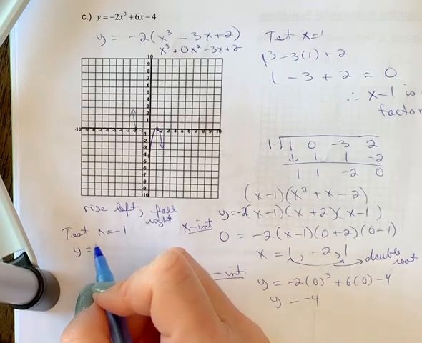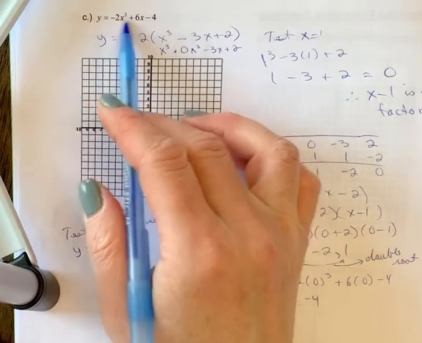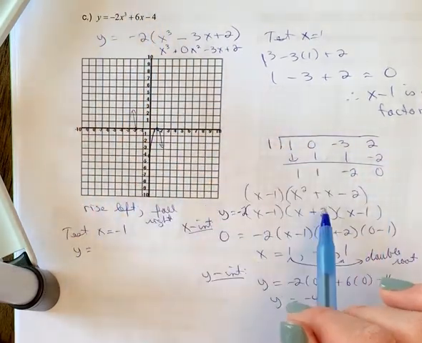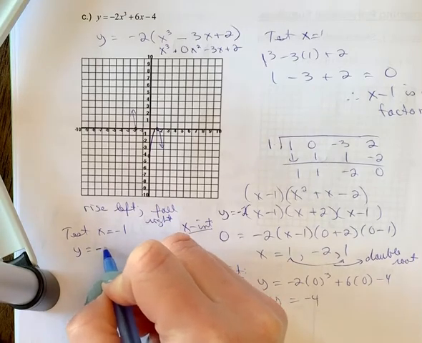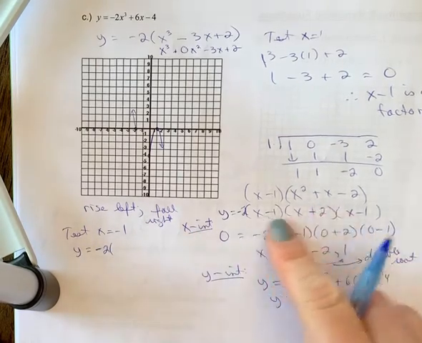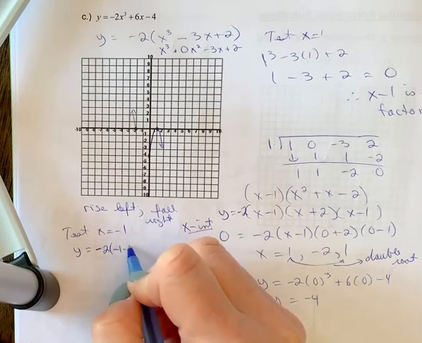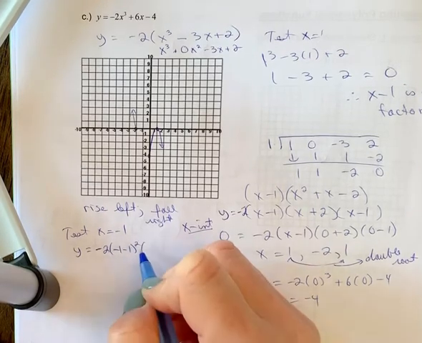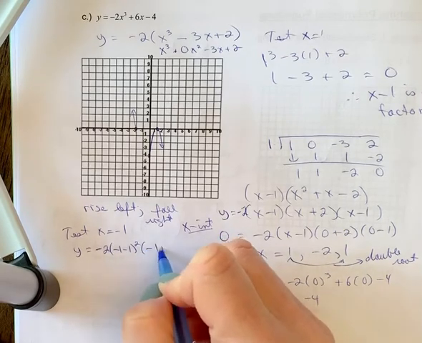I can either put the -1 value into this equation, or the factored equation. It's not going to make a difference. So let's say we chose the factored equation here: -1 minus 1 squared, and -1 plus 2.